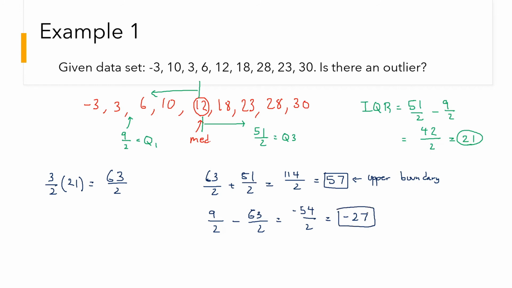Again, I like to think of this as a lower boundary. So do we have any number under negative 27 or above 57? We don't. Therefore, out of this data, we don't have an outlier.